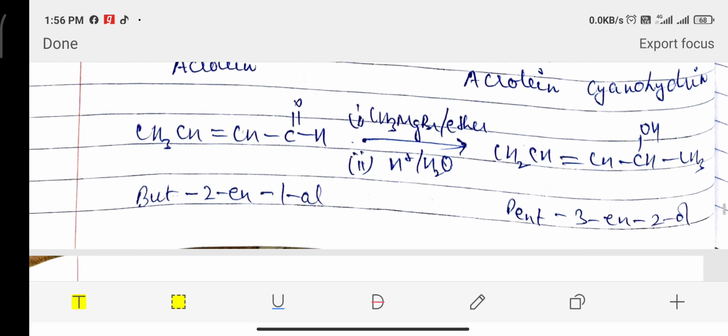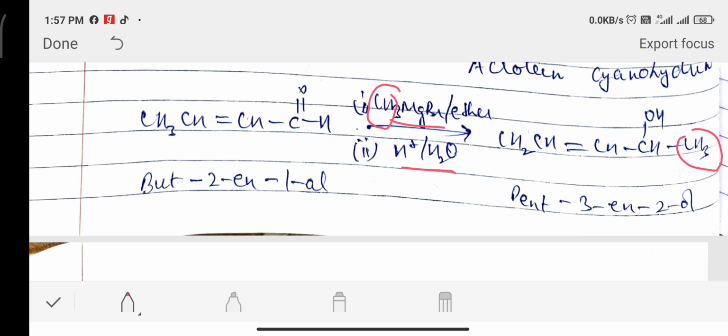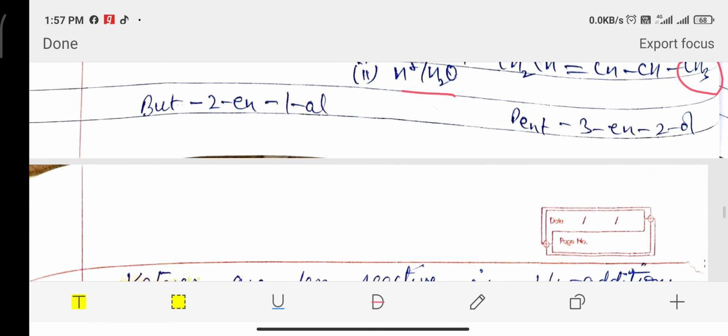If we take up another example, the addition of Grignard reagent and then further hydrolysis, then we get the CH3 group attached to carbon and the OH attached to this next carbon, and we get a 1,2 addition product.